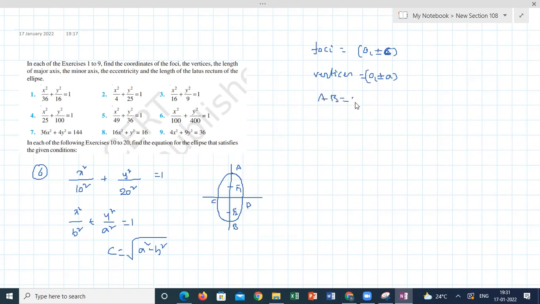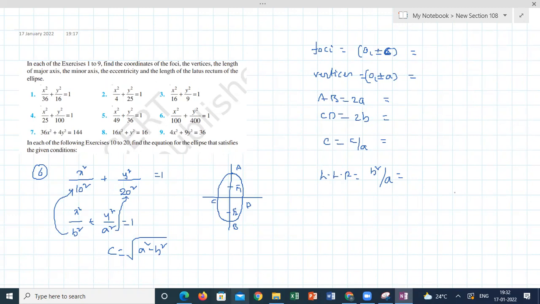AB is equal to 2a, CD is equal to 2b, e is equal to c by a, length of the latus rectum is equal to b square by a. Please, I give the formulas also, and b refers to this one, a refers to this one. Please let me know what are the answers. Any different student I am expecting.